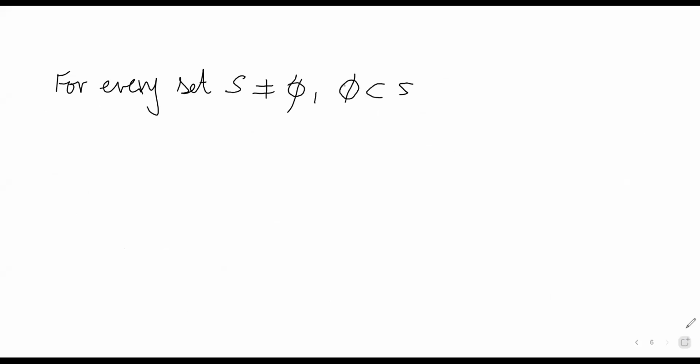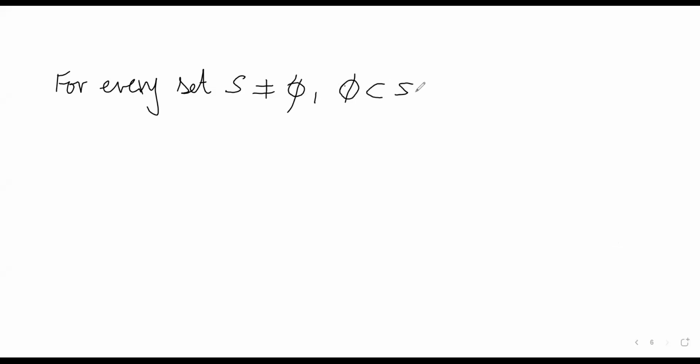So for every set S not equal to the empty set, the empty set is a strict subset of S. For every set that does not contain the empty set, the empty set is a strict subset of S. Because if S does not contain this, then the empty set is a strict subset.